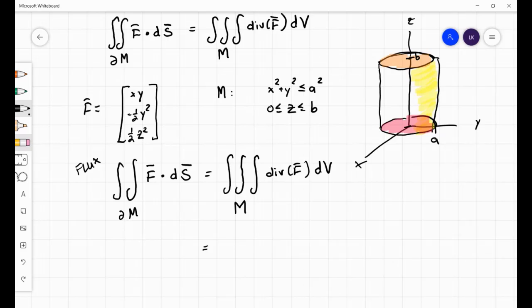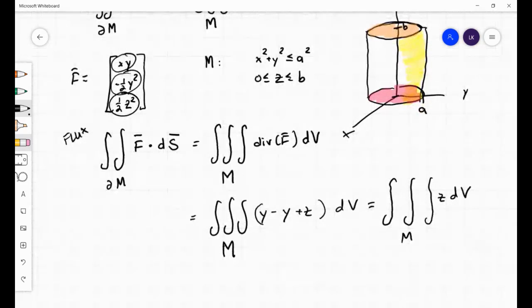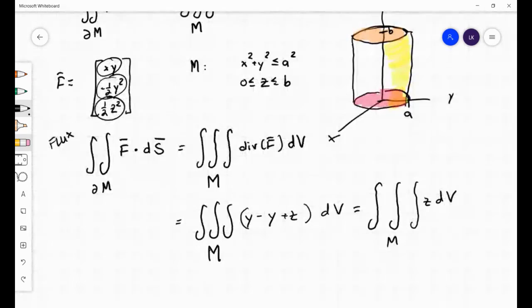Okay. So the divergence of our vector field is simple enough. The derivative of the first component with respect to x, the derivative of the second component with respect to y, the derivative of the third component with respect to z. So we get a triple integral of z over that region. And I guess cylindrical coordinates is the most natural thing to do here.